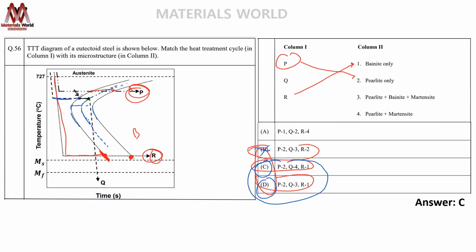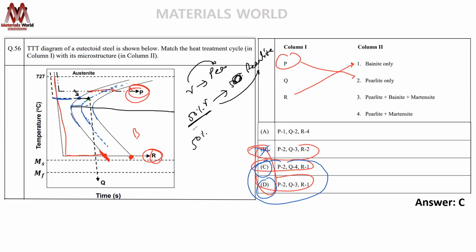Here the transformation is from gamma to pearlite, because it is above the nose. So gamma is converted into pearlite, and how much? It is touching the 50% line, so 50% of gamma is transformed into pearlite. The remaining 50% is still there because now you change the route.